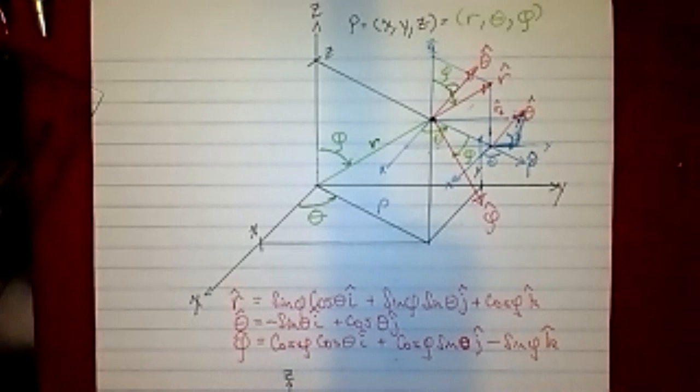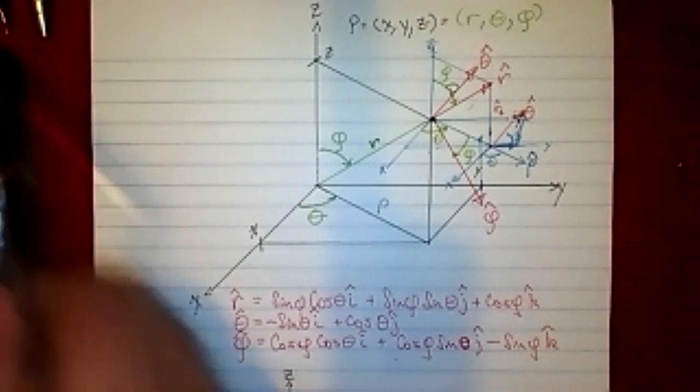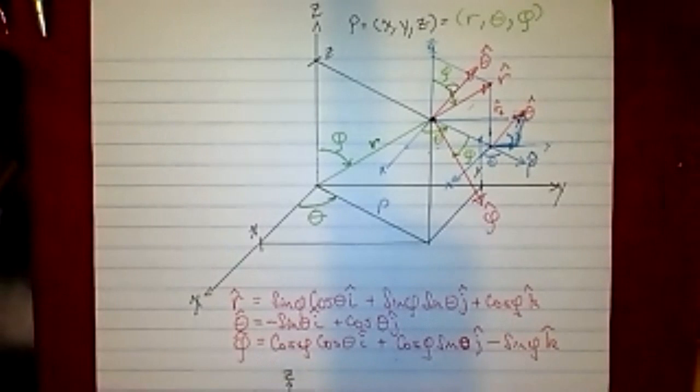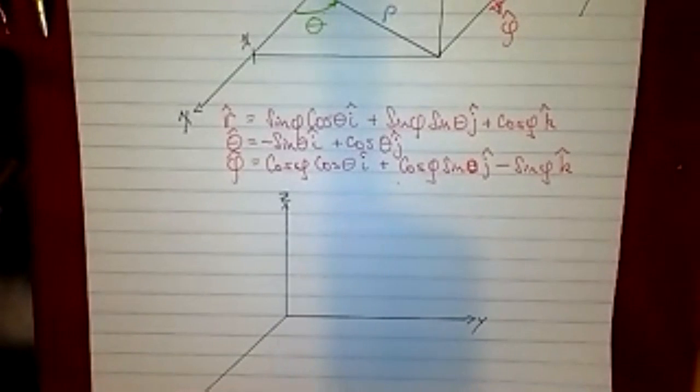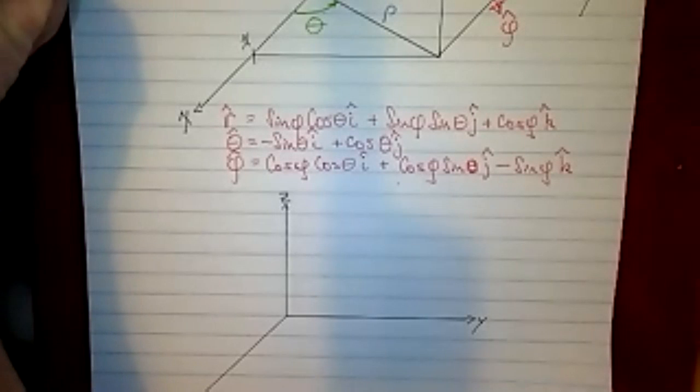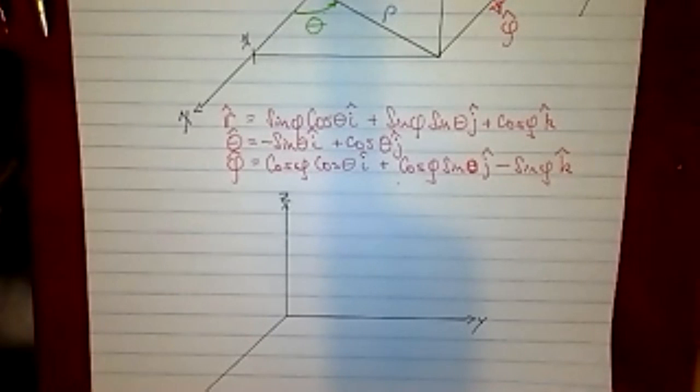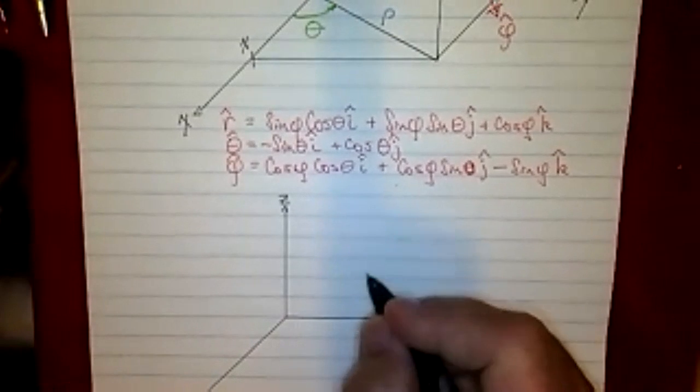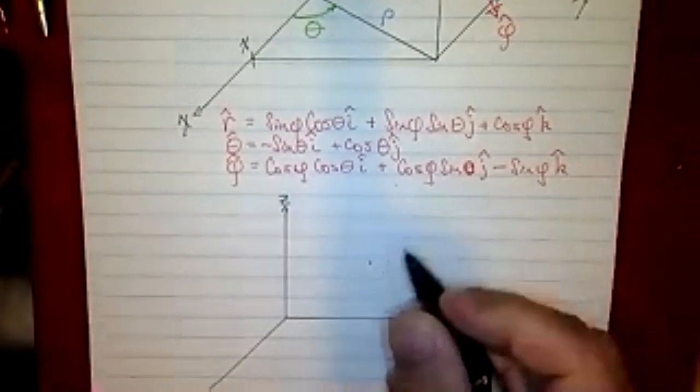Now I want to talk about what the individual differential volume elements and the differential area elements are. So I'm going to turn to another coordinate system that I drew just to keep that one from getting so cluttered. So now if I take and consider a point again, what I'm going to do is now consider changing those variables by a differential amount again. And I'll take a point, say right here.